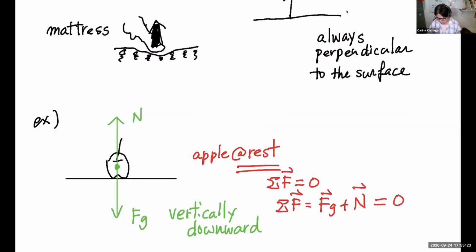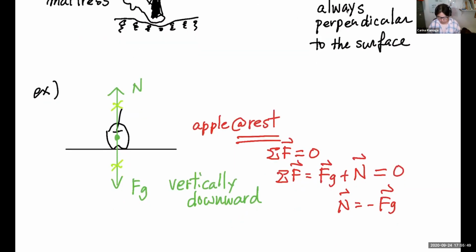So the normal force is the negative of Fg. They're equal in magnitude and opposite in direction. They're canceling out each other. We've done that many times.